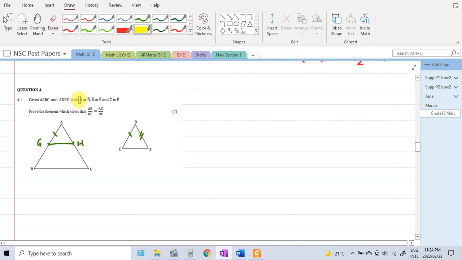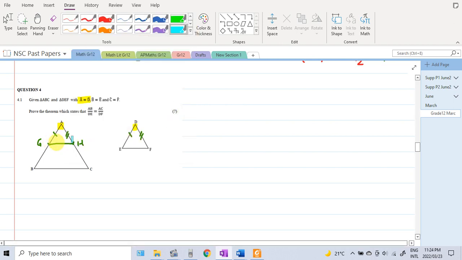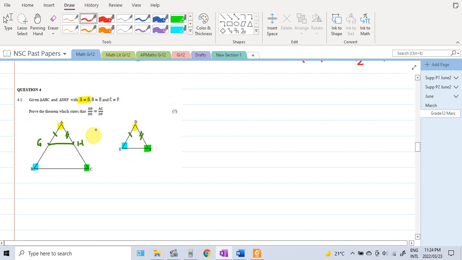We're saying angle A is equal to angle D, angle B is equal to angle E, and the last angle we know, angle C is equal to angle F. Those are given, right? So let us write down what we have marked off here. Let's call it angle G1 and angle H1, for later on.